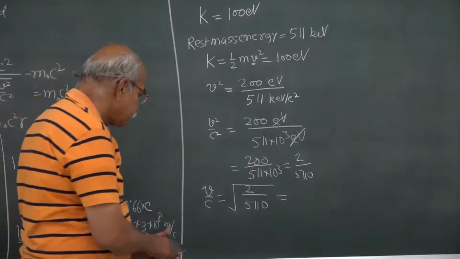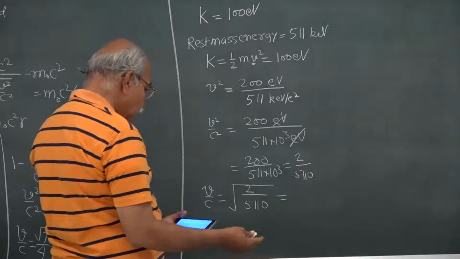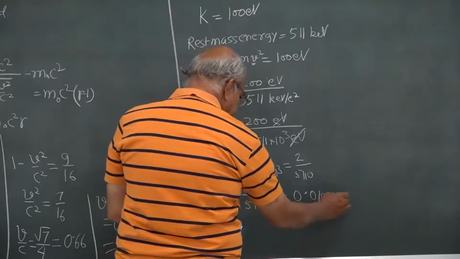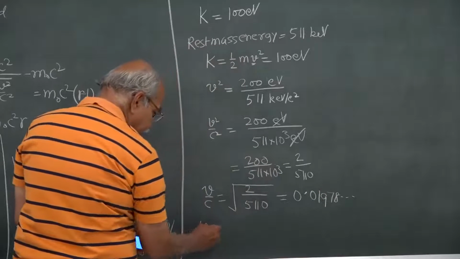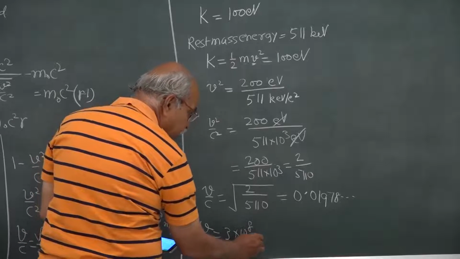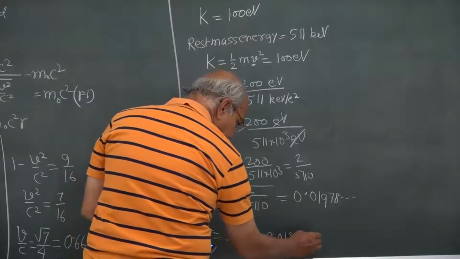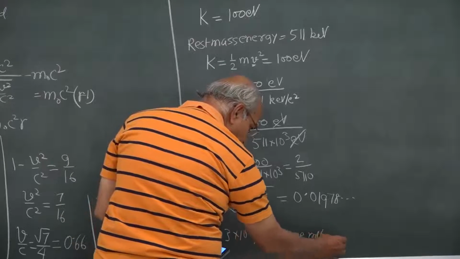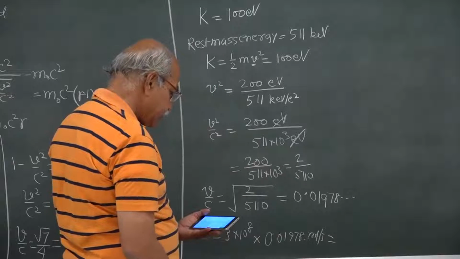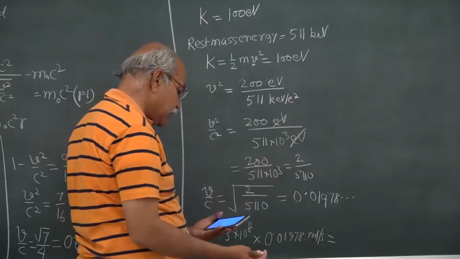That is 0.01978 etc. So, V is 3 into 10 power 8 multiplied by this quantity 0.01978 meter per second, which is, multiplying 3 into 0.01978, 0.05935 etc. We will stop at 0.059.